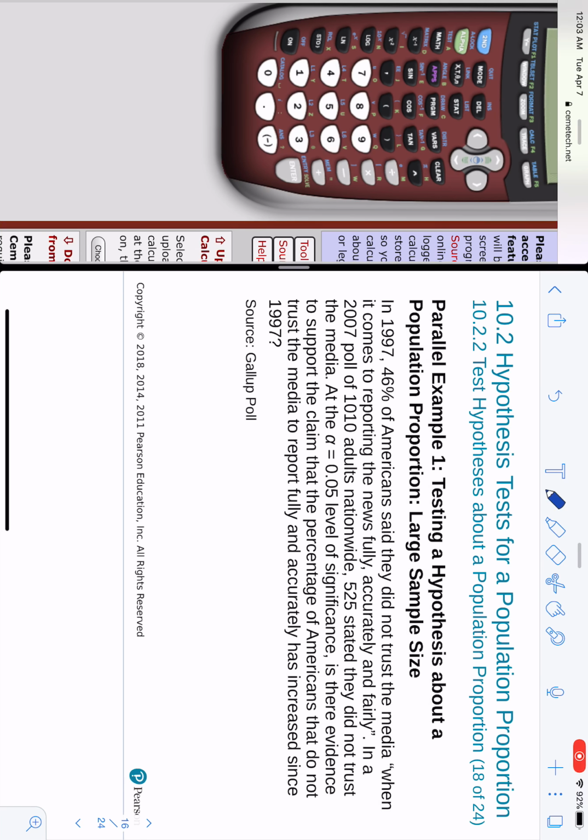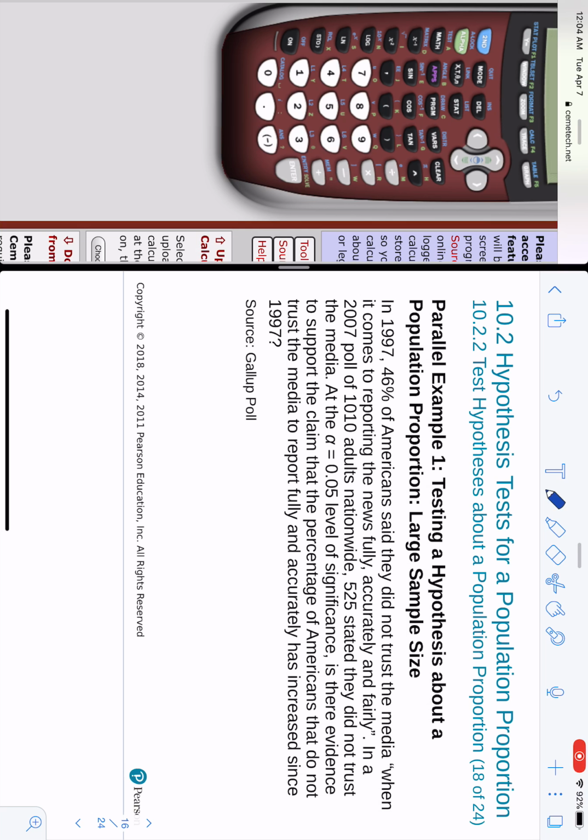So here is an example where in 1997, 46% of Americans said they did not trust the media when it comes to reporting the news fully, accurately and fairly. In a 2007 poll of 1,010 adults nationwide, 525 stated they did not trust the media.